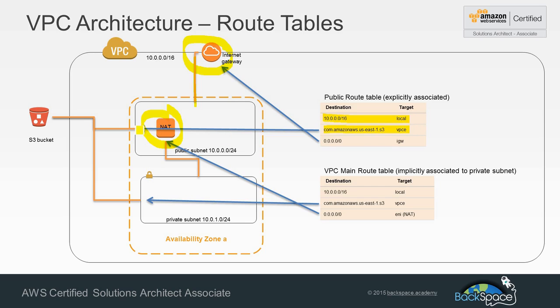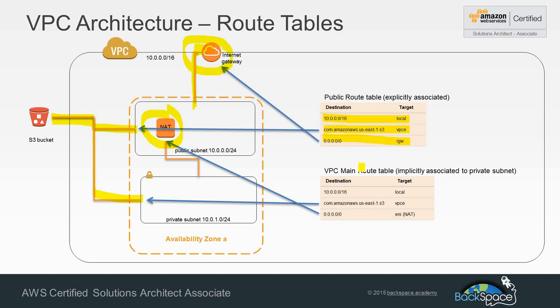That allows us to connect directly from our public and our private subnets through to an S3 bucket without having to go through the internet gateway and then back out and in again from our S3 bucket. And with our public subnet, to connect to the wider internet, we have a route through to the internet gateway.